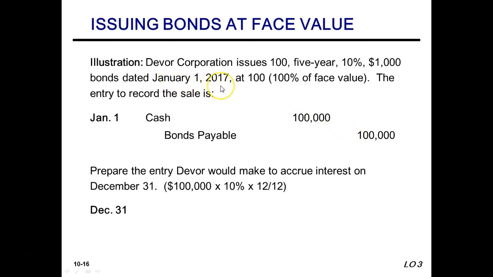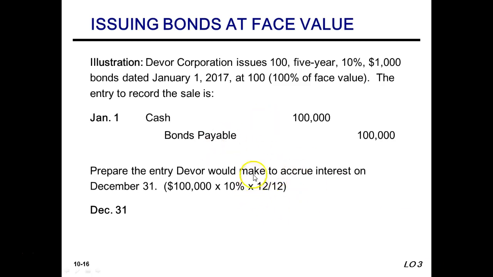Now they were issued on January 1st, and they make their interest payment, you can assume, the following January 1st. So at the end of the year, we're going to assume that they have a calendar year. We have to make another adjusting journal entry to accrue interest. So we would take the principal, which is 100,000, times the rate that they gave us, which is 10%.